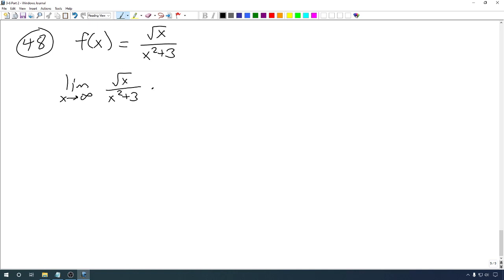We can remember square root of x is really just x to the 1/2 power. We can even write it that way, because now we're comparing the powers of x. I'm going to divide the top by x squared, which is the same thing as multiplying by 1 over x squared. Same thing on the bottom.